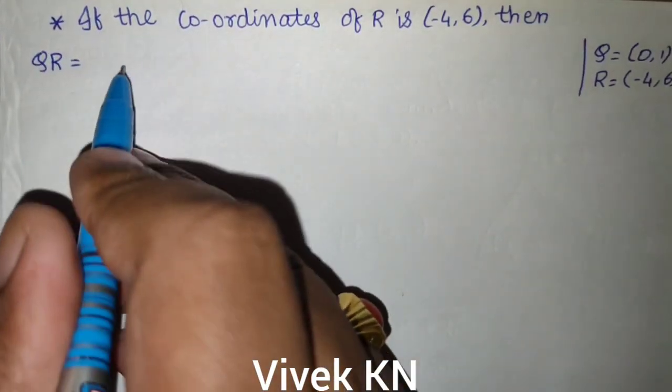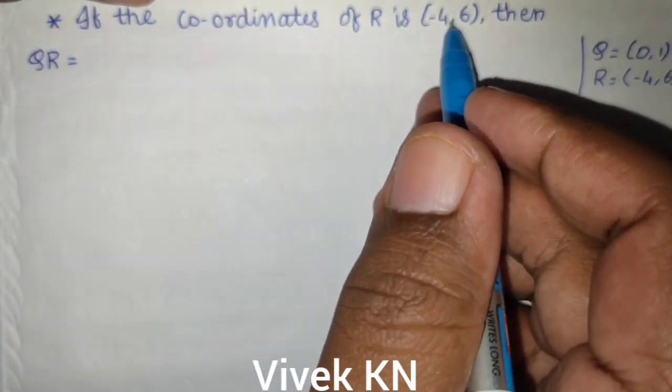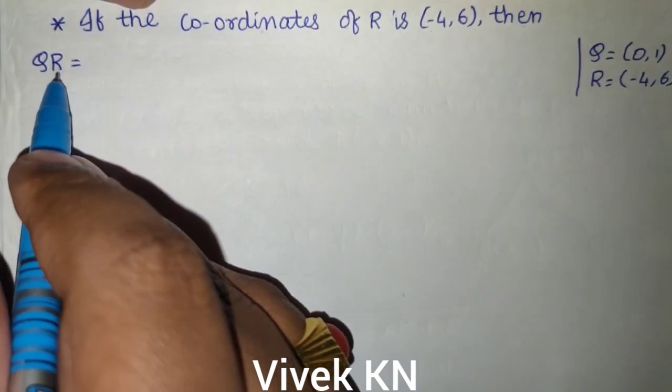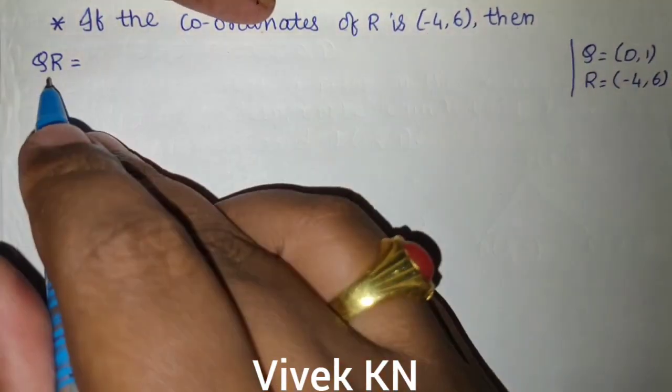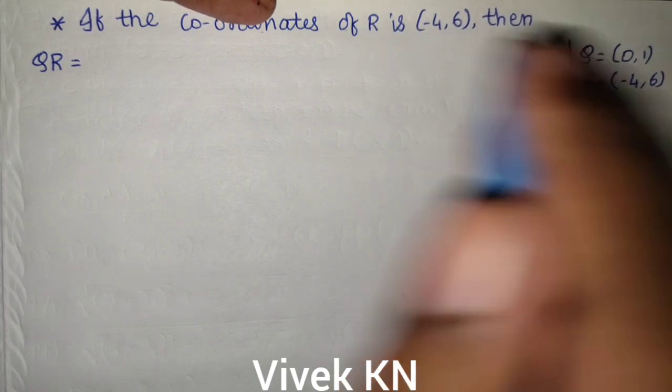Next, case 2. If the coordinates of R is minus 4, 6, then the distance between QR is, for QR, this is x1, y1 and this is x2, y2.